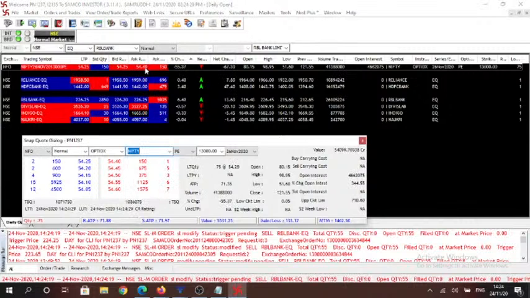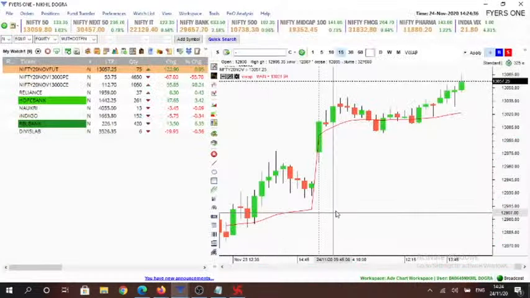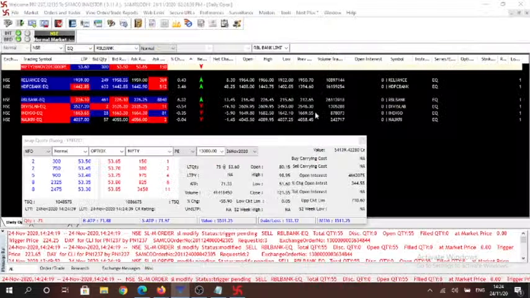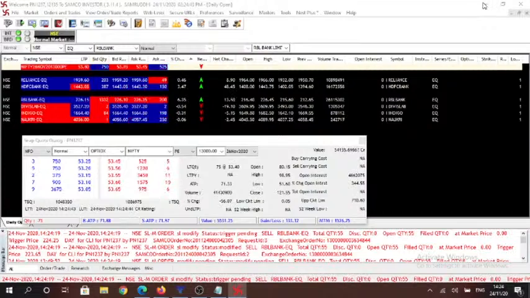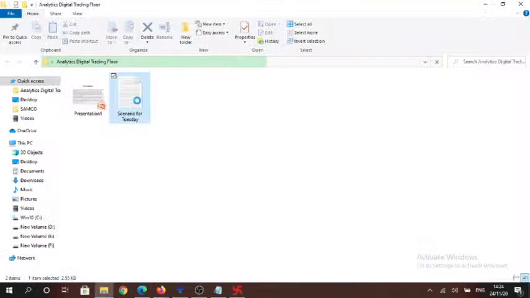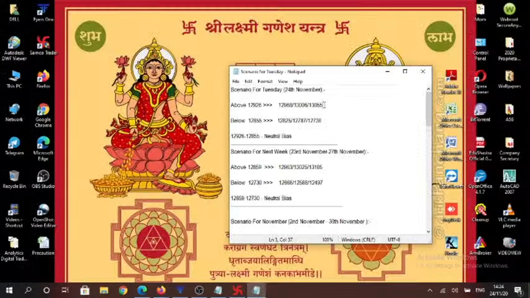So let's sell the puts again. Our view for today was that it can potentially trade towards 13,055, which has been achieved now.